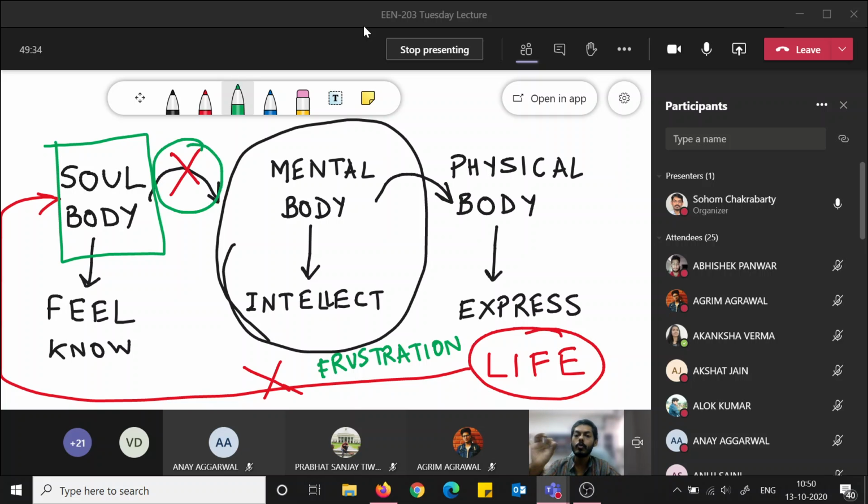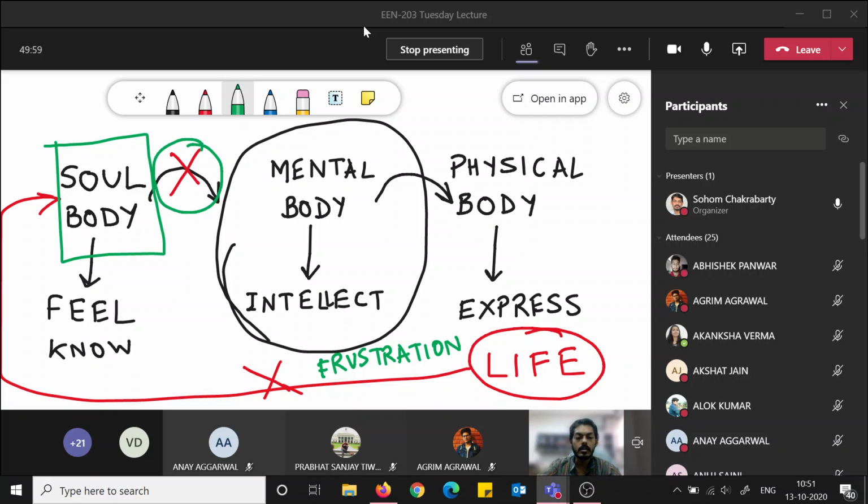And here I would like to throw in a certain term which we had used in our general introduction lectures: dharma. Dharma was what? Dharma is the characteristic of a certain thing. So we must identify our own dharma.